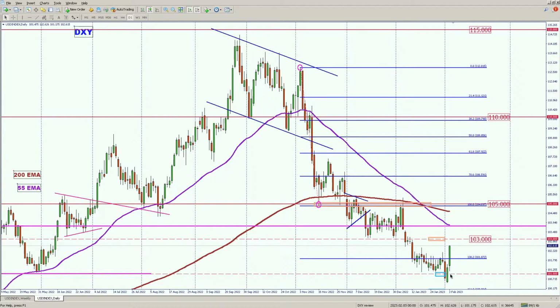So it has now climbed up through the 138.5 extension and is targeting the 103 round figure.